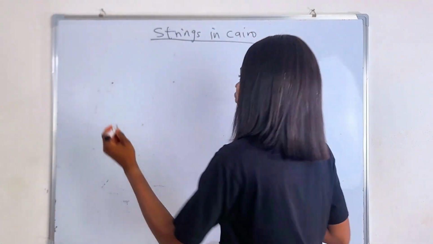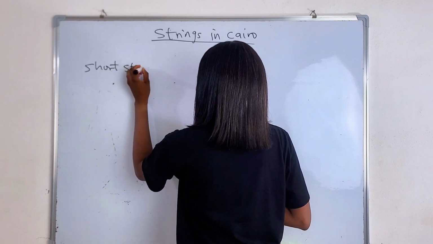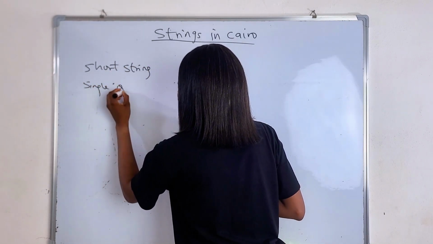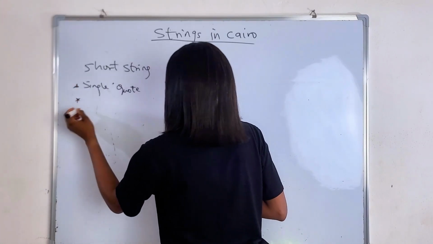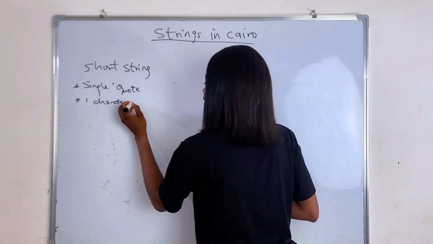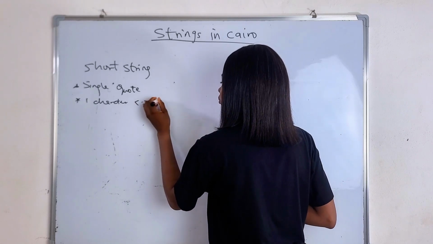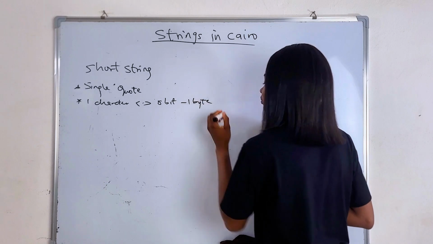So for short string, it uses single quotes. There are a few characteristics of short string. Second, one character is equivalent to 8 bits, which is 1 byte.